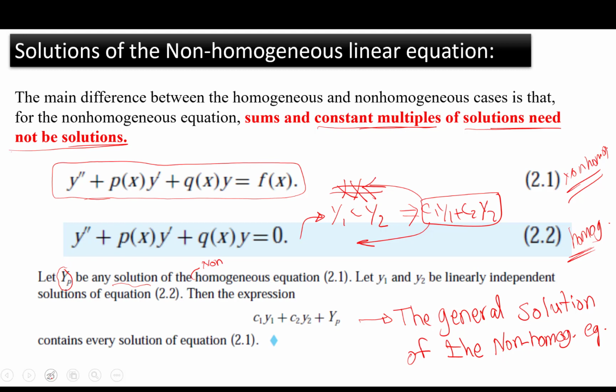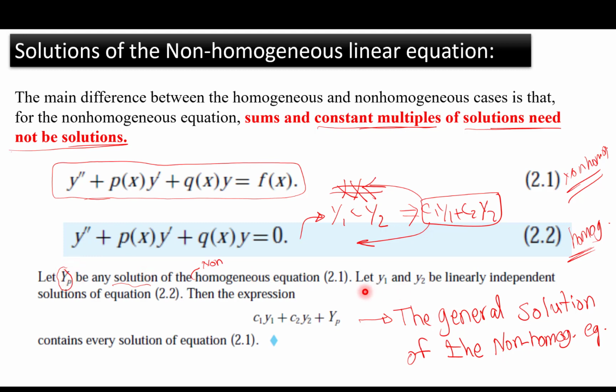Call it yp here, which is the solution for this equation. How can we obtain this yp? In the next lectures, we are going to learn how to obtain it.